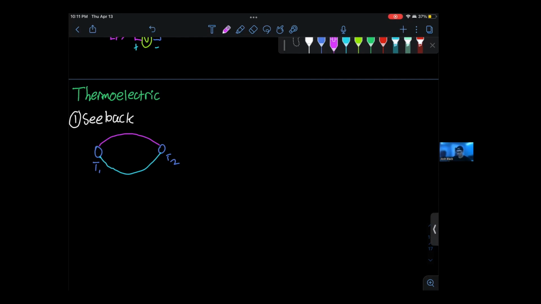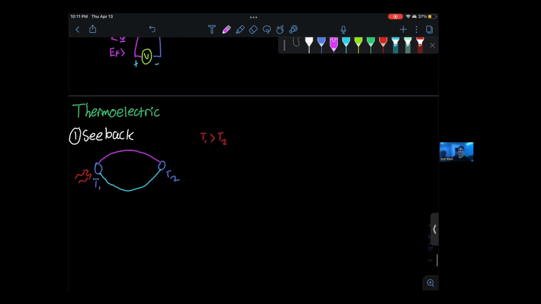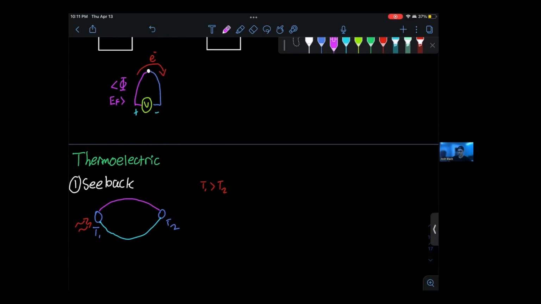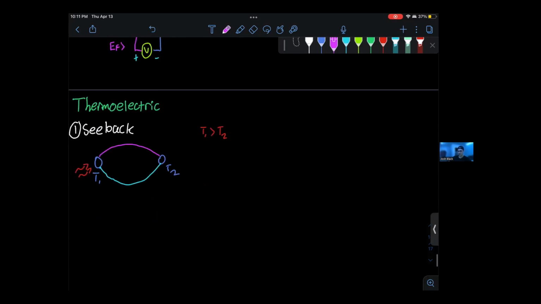However, if I were to add heat into T1, so T1 is now greater than T2, electrons are going to want to travel. Now we know that because of what we just did, making one of the metals positively charged at that junction and one of the metals negatively charged, electrons are going to want to move in one certain metal.